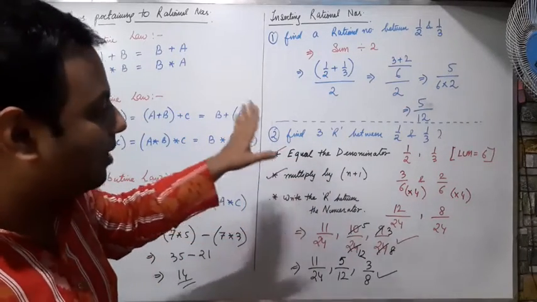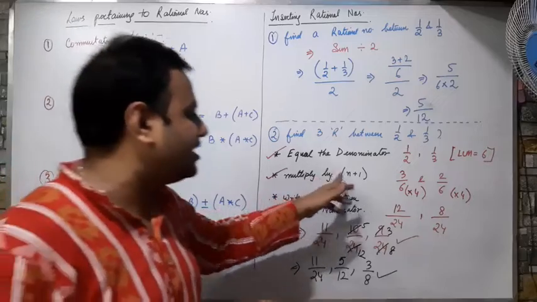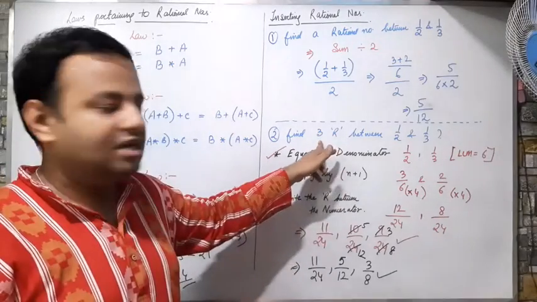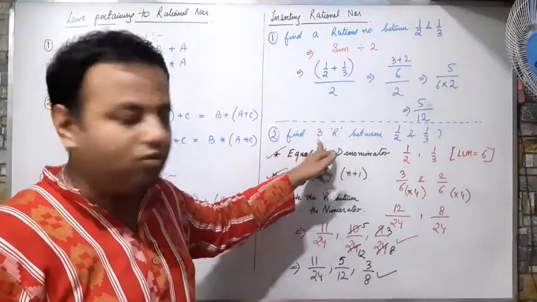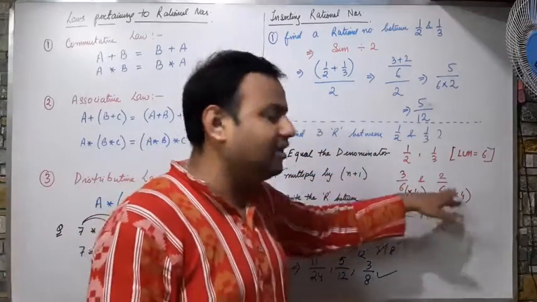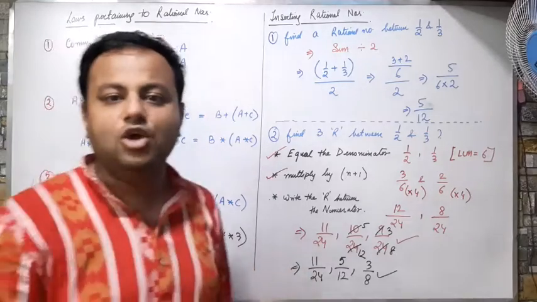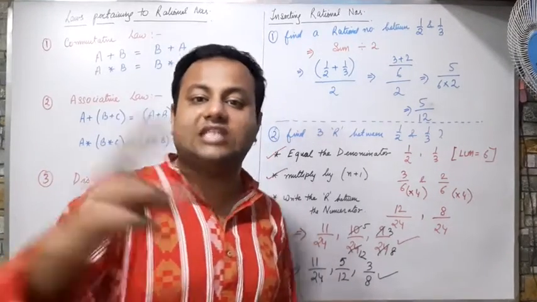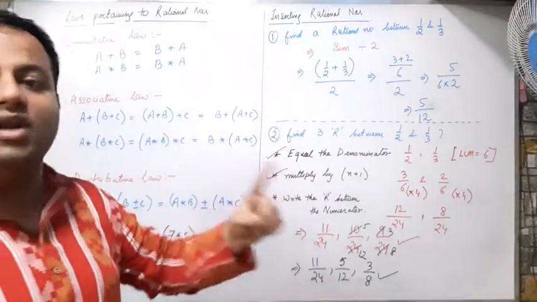What is that? You will multiply both the rational numbers with a number greater than the number of rational numbers to be found. Here the number of rational numbers was 3, so I multiplied with 4. If you are asked 5, you will multiply with 6. If you are asked 10, you will multiply with 11, one more than the given number.